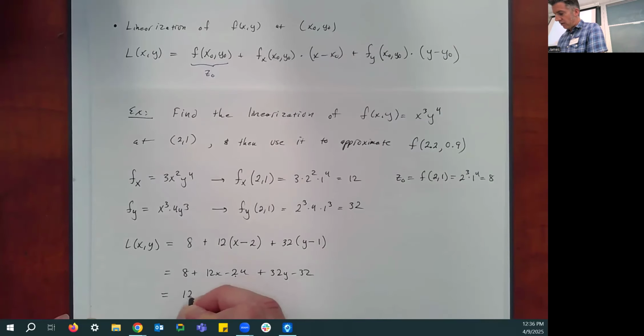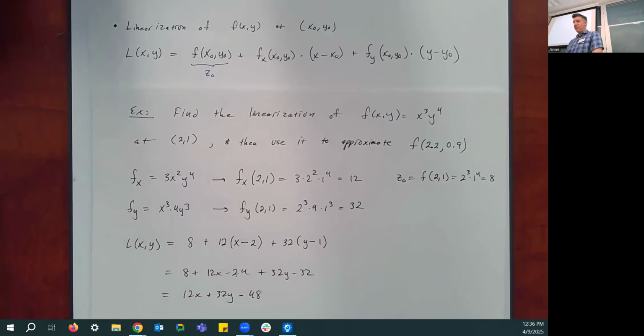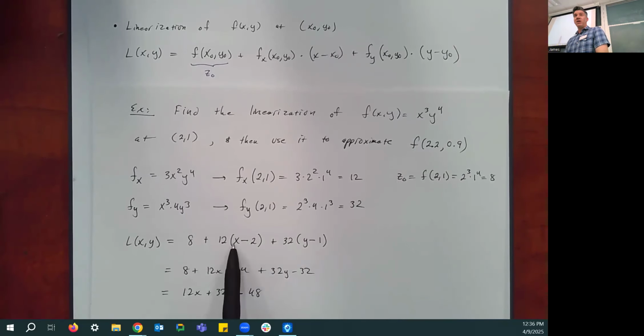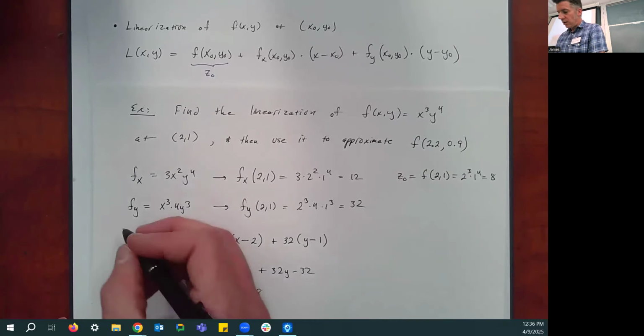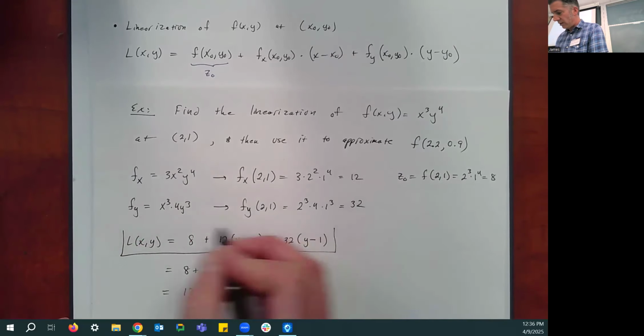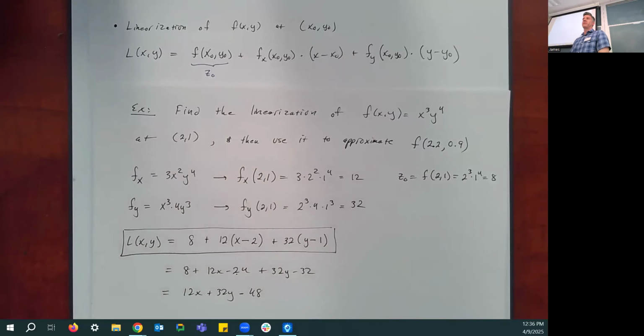I can write this as 12x plus 32y minus 48. And then when I plug in 2.2 for x, 12 times 2.2 isn't that hard, but it's more work than I really need to be doing. It's much easier to plug in 2.2 here, subtract 2, and then 12 times 0.2 is an easier thing to calculate. So usually you don't want to simplify this. You want to leave it as is.